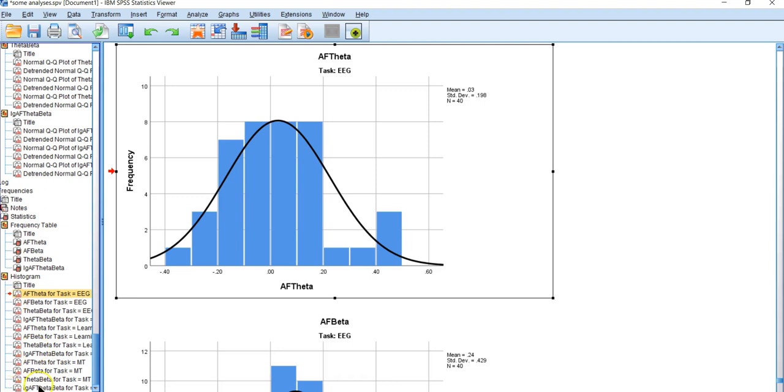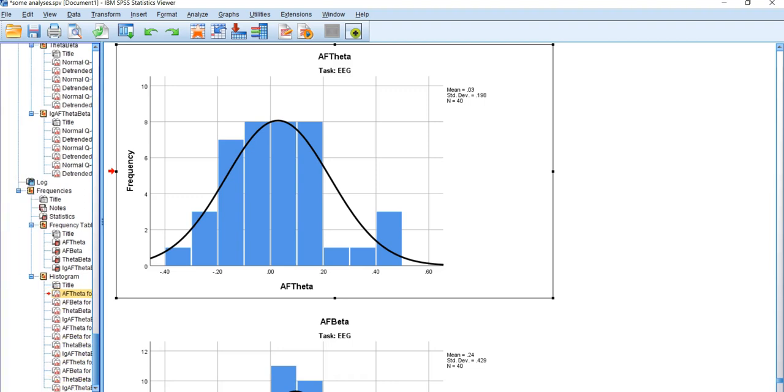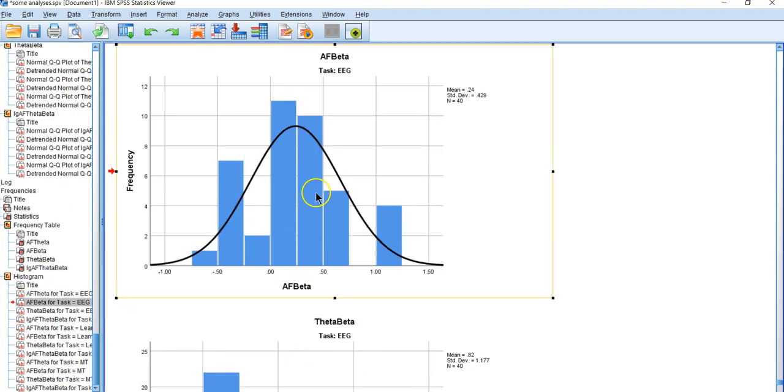There were different tasks during which these brainwaves were accumulated. We have one that's a memory task. This was just, the person was just sitting there getting their waves measured. Let's look at beta. Again, it's not exactly a perfect normal distribution, but it's kind of bell-shaped.